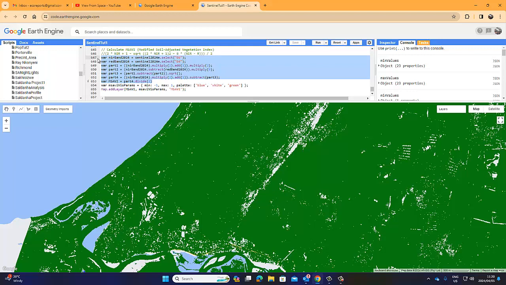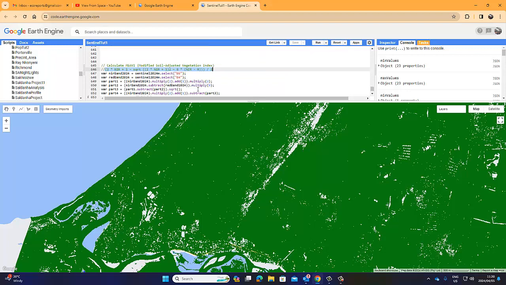It's nothing much to do. But in this case, this is quite a difficult formula to do in Earth Engine, in my mind anyway. And therefore, ideally, you want to just express it like this. You don't want to do all this stuff. Yeah, so we can look at that. And that's the Modified Soil Adjusted Vegetation Index.